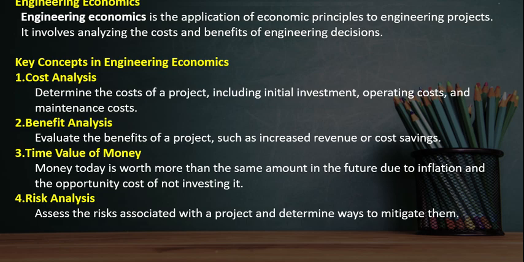Got it? Clear? And vice versa. If something is coming to me in future, it will have less worth than if the same thing is given to me now. So things lose value because of time.